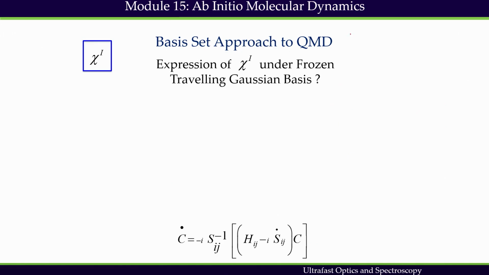We can rewrite that expression again here for us to remember. That is Cj dot Sij equals minus I summation of Hij minus I Sij dot, then Cj.